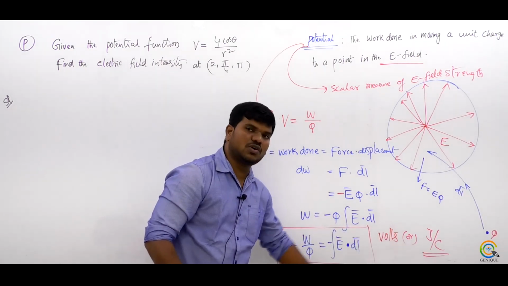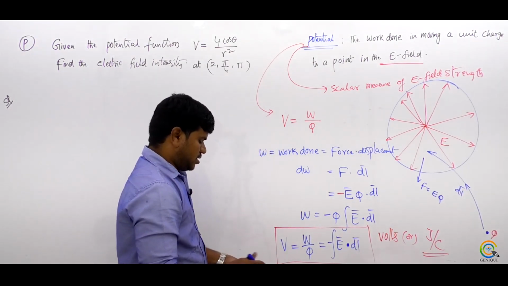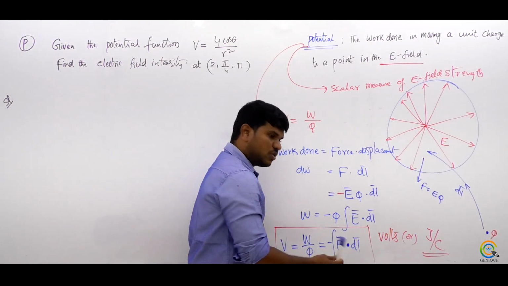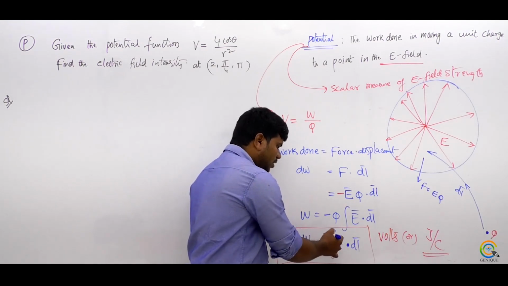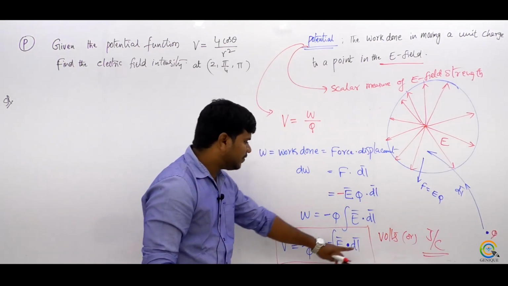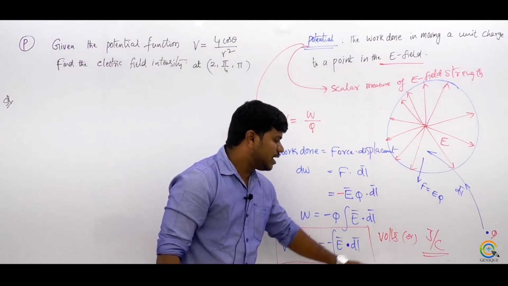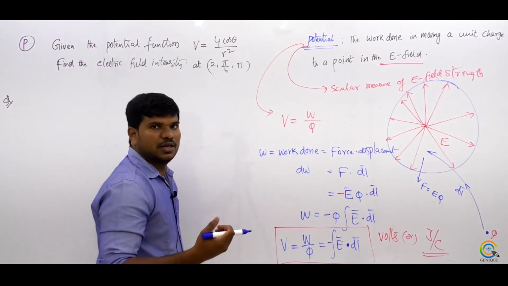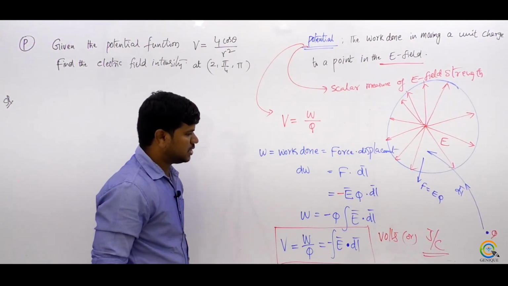It will be equal to 0 from Maxwell's equation. Suppose if you put one closed line integral here, what will it be? It will be 0. So that's why you should not put it. So if you put the closed line integral, the work done will be 0. So this is the potential.